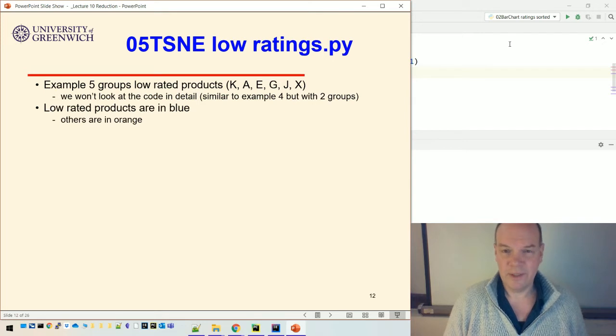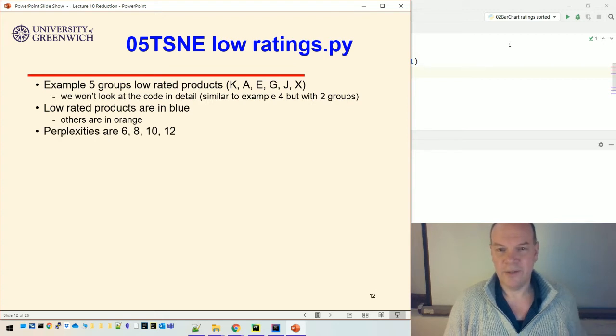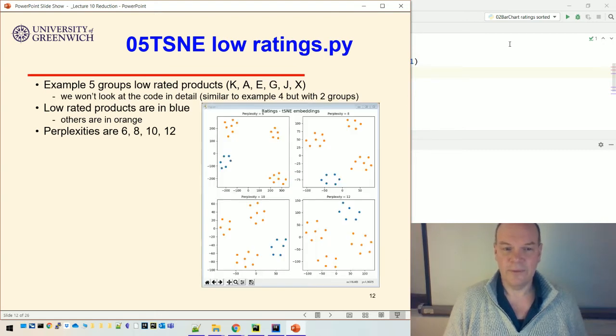I'm plotting the same data set, but I'm now doing 2 scatter plots on the same chart to give 2 different colors. Low-rated products will be plotted in blue and the others will be in orange. And I'm going to try those useful perplexities, the ones that I identified earlier that were giving us useful results. So 6, 8, 10, and 12.